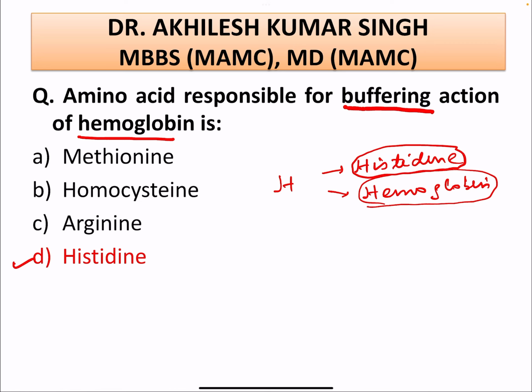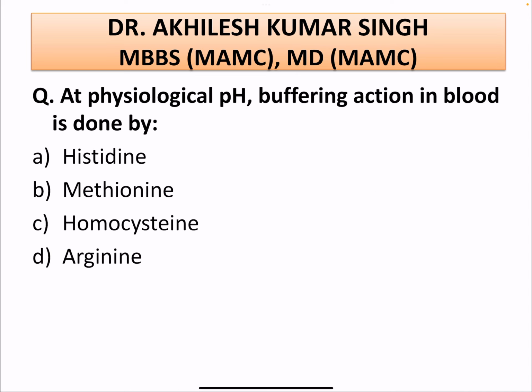Now let us look at another question. At physiological pH, the buffering action in the blood is done by. Buffering action in the blood is done by various substances, but in this question it is asking which amino acid is responsible for the buffering action in the blood. So the answer here is histidine.